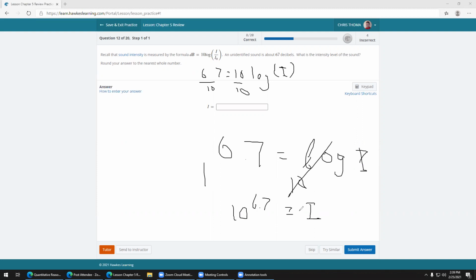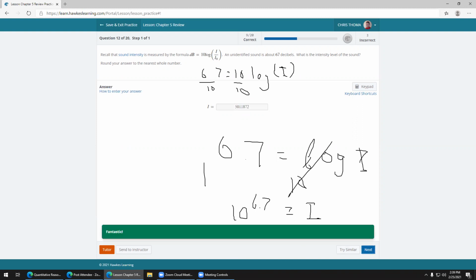So I go to my calculator, 10 raised to the power 6.7. And it wants me to round to the nearest whole number. So 5011872.3. So that's just going to be a 2. Now again, I0 is 1 because we're starting at the entry level of sound. So we're really just solving for I in this case.